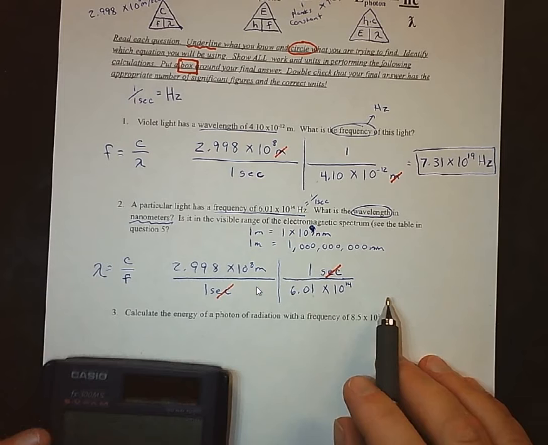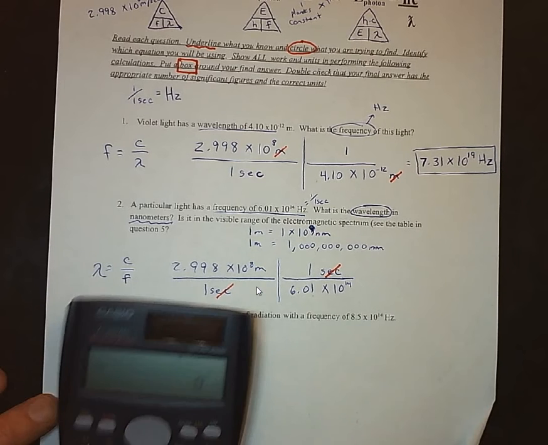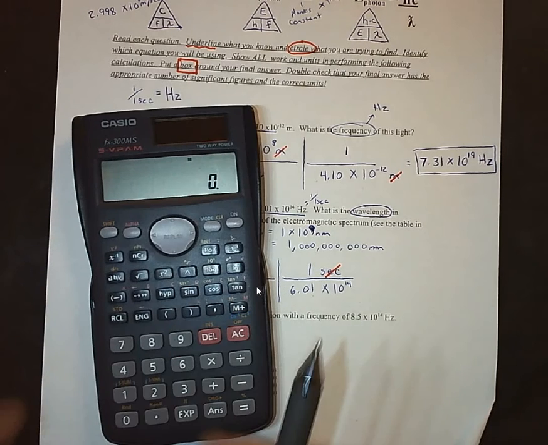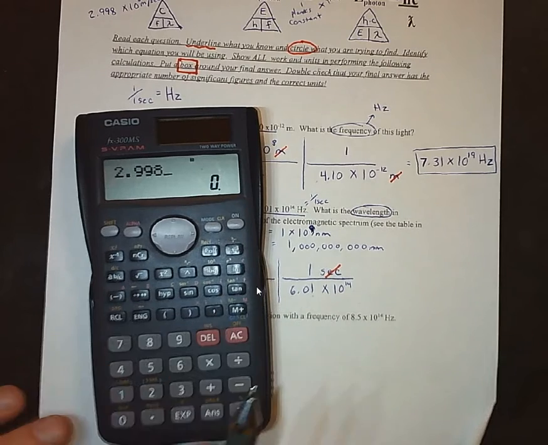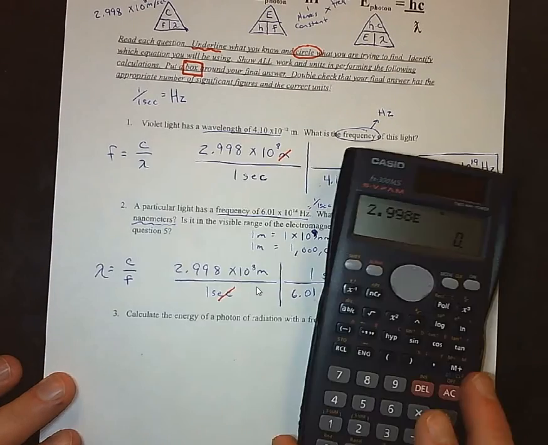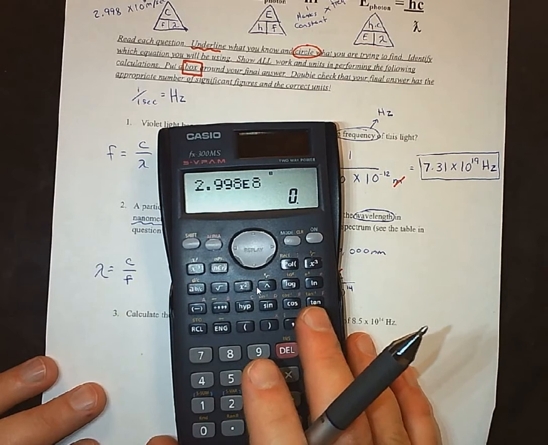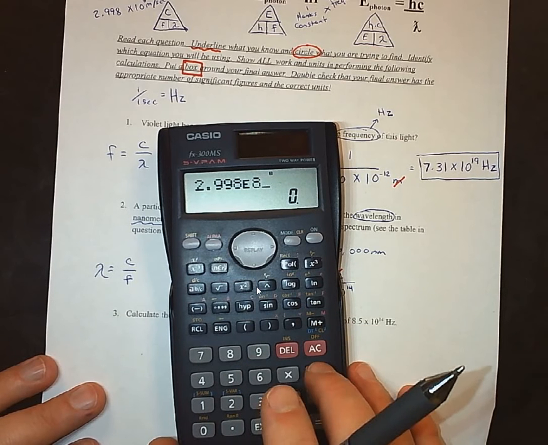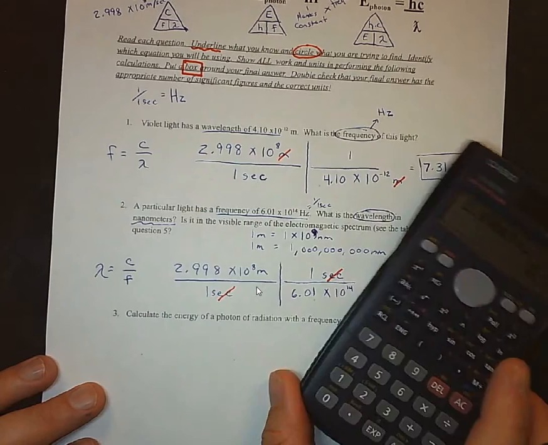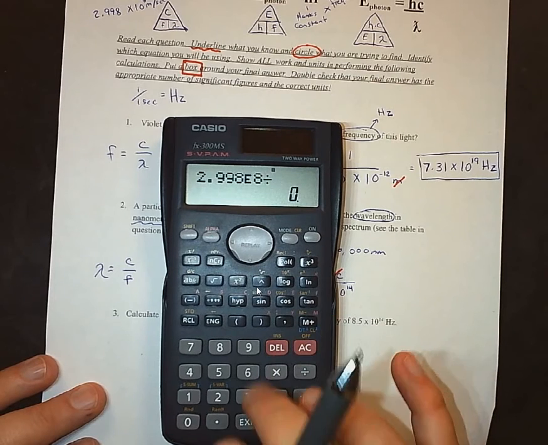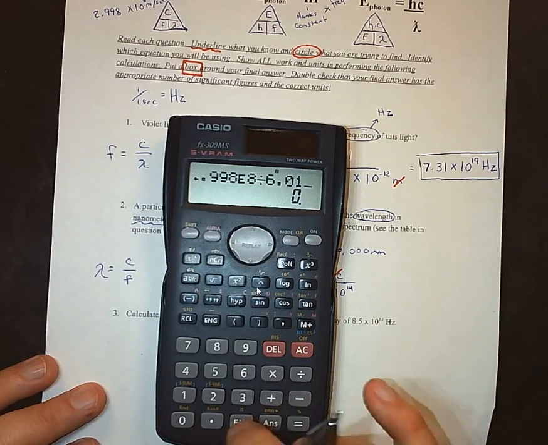So let's plug our number in. Practice again. 2.998 exponent 8. That's our speed of light. We're going to divide that by 6.01 times 10 to the 14th, 6.01 exponent 14.